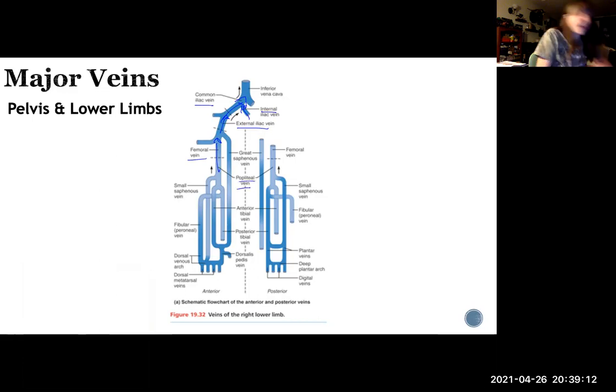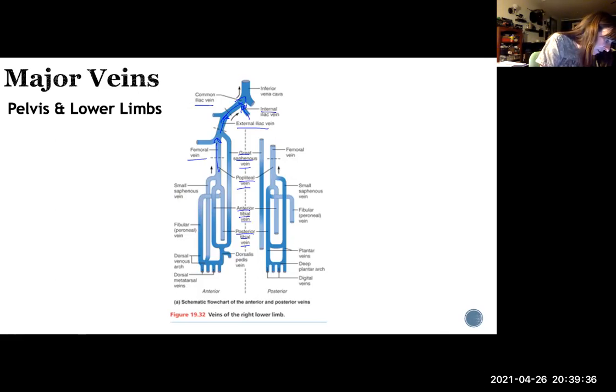We have a little bit of complexity going on here, but it's not as bad as the arm. We do have anterior and posterior tibial veins, but we also have this other system going on at the same time: the saphenous veins. These run along the inside of the legs.